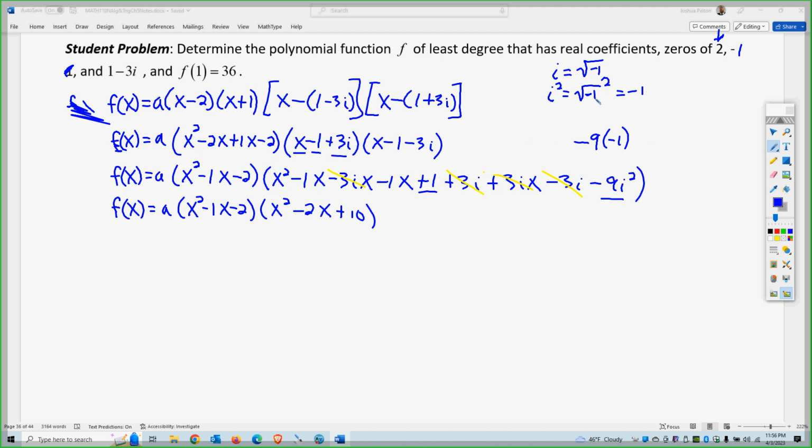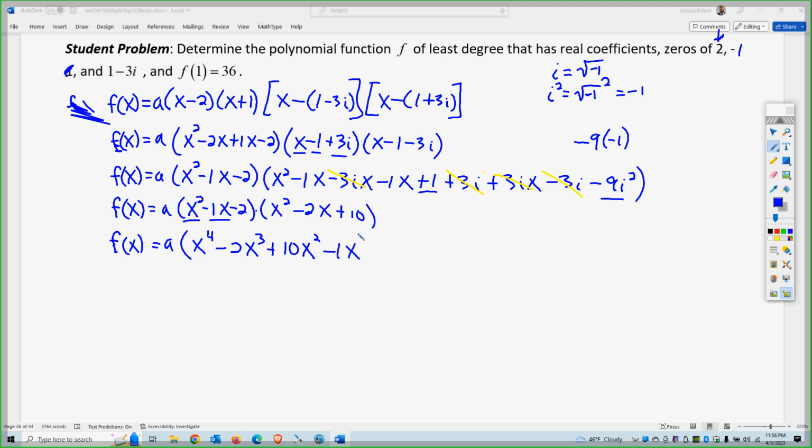There we go. Okay, so 3 things times 3 things should give me 9 things here. So 3 terms times 3 terms is 9 terms. All right, so starting with this one. So that's x to the 4th minus 2x to the 3rd plus 10x squared. Okay, next one.